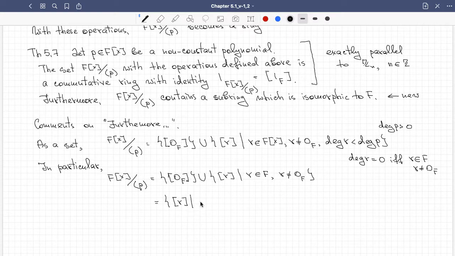So this is what we wrote here, [r] for all r in F. Let us say that this set is F star. Sorry, it is not equality. Of course, this set of all polynomials contains this as a subset, polynomials of degree 0.